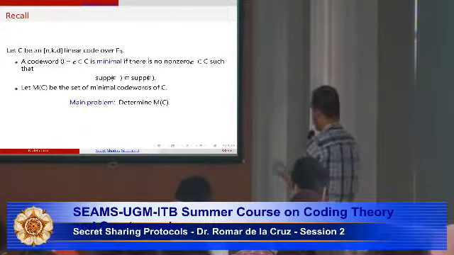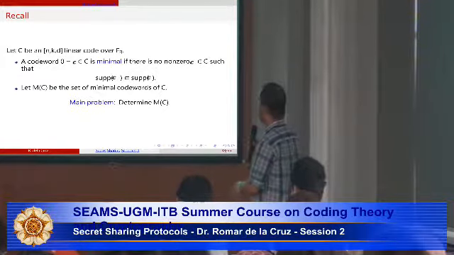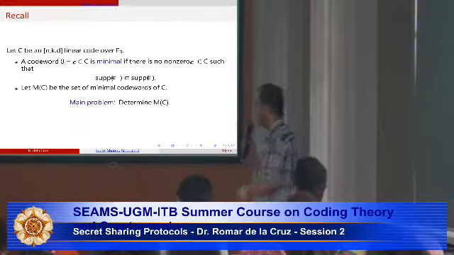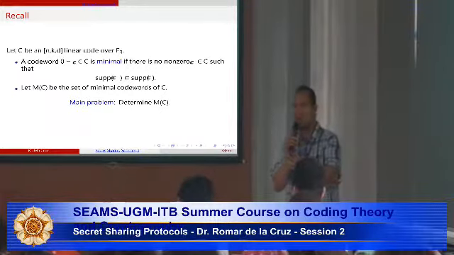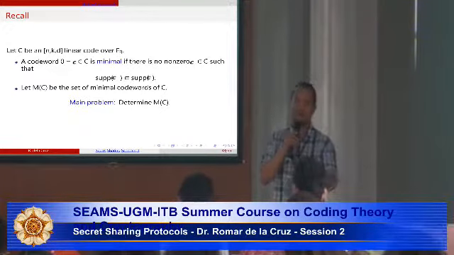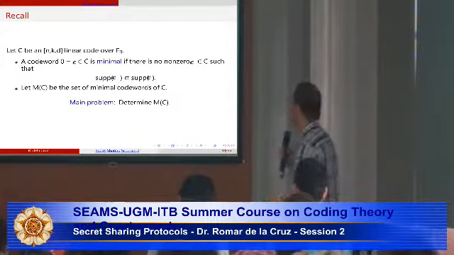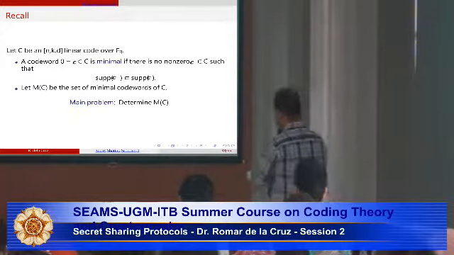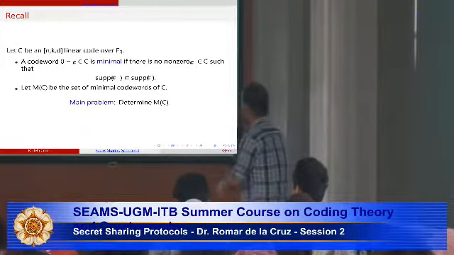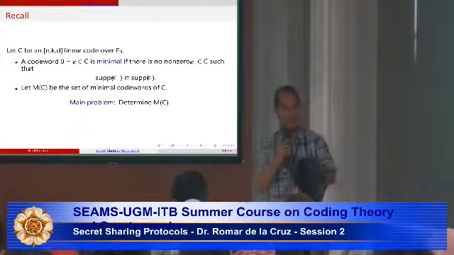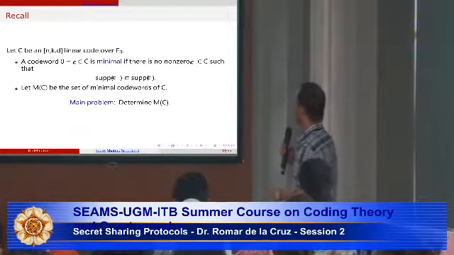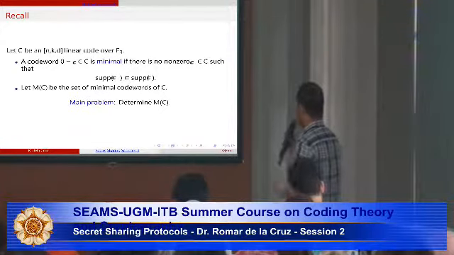If you remember an application of this, if you determine the minimal code words, you can determine the access structure of the corresponding secret sharing scheme. So that's one application. The problem is that determining the minimal code words is a difficult problem in general.